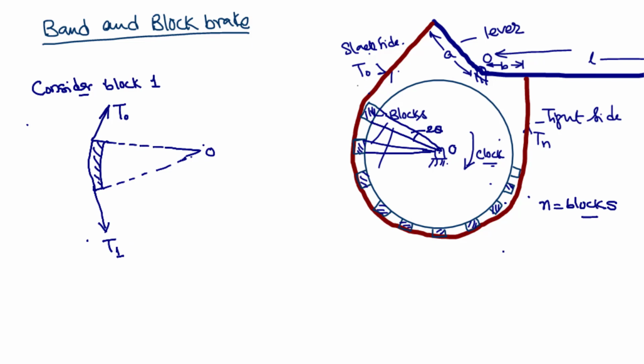Here this is T0, T1, then T2, T3, T4, and the last Tn. The total angle is 2 theta, so this angle is theta and this is theta. Draw the tangent to it. This is theta and this is theta. It rotates in the clockwise direction.